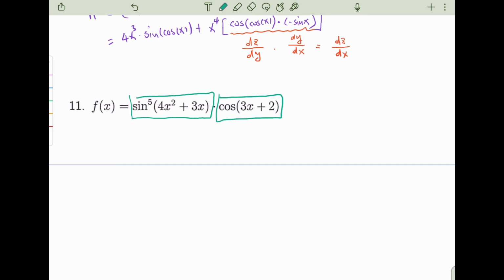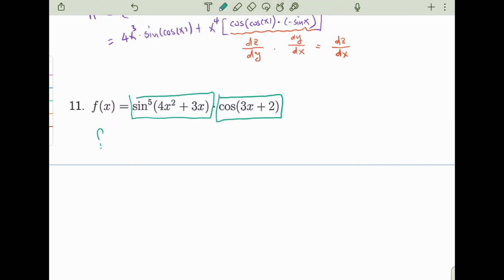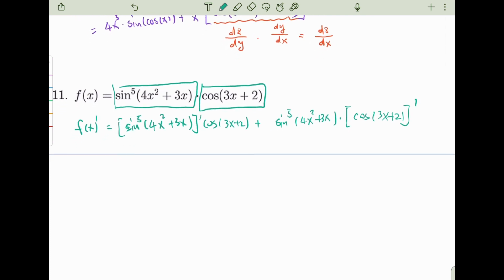That is the derivative of the first green box multiplied with the second one, times the second one here, plus the first green box times the derivative of the second green box here. Okay, so that is the structure.